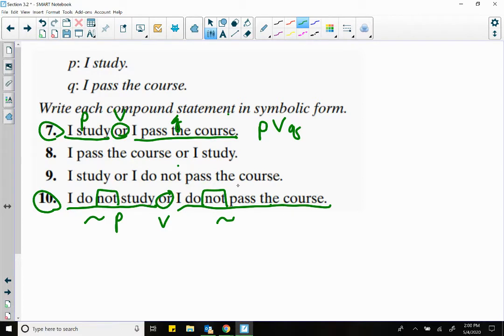And then I do pass the course. That's all about Q. And there's the symbolic notation. It looks like this: squiggle P, V, squiggle Q. Again, it's not a V. Make sure you use the MyMathLab symbols.